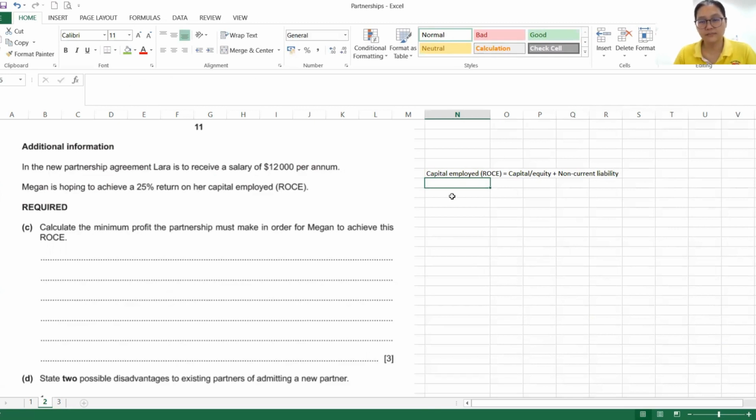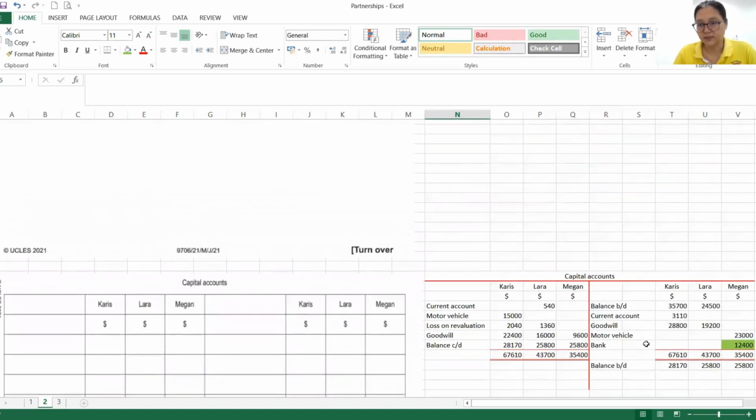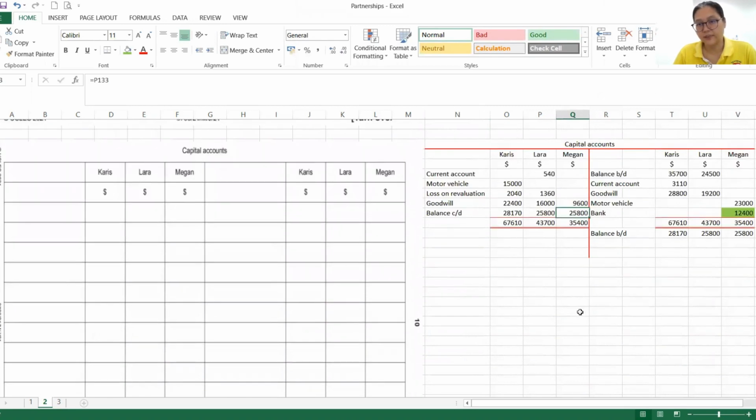So how much did Megan contribute? Megan only contributed the amount which, based on the calculation, the capital is 25,800.